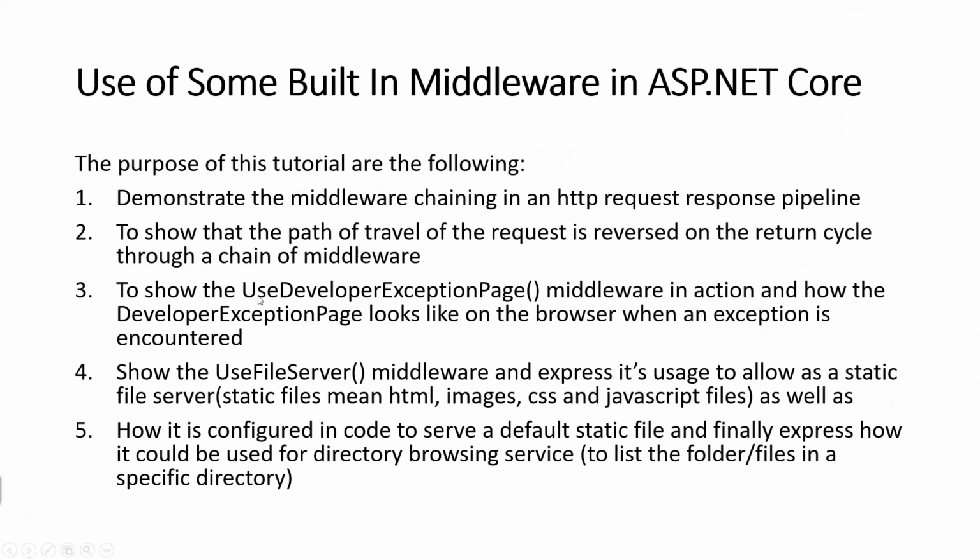We have shown the UseDeveloperExceptionPage middleware in action and how the developer exception page looks on the browser when an exception is encountered. We have shown how the UseFileServer middleware works and expressed its usage as a static file server, as well as how it is configured in code to serve a default static file, and finally how it could be used for directory browsing service. So that's it.